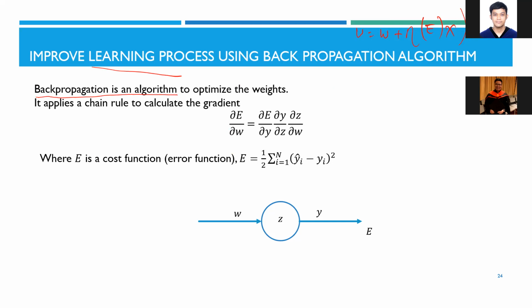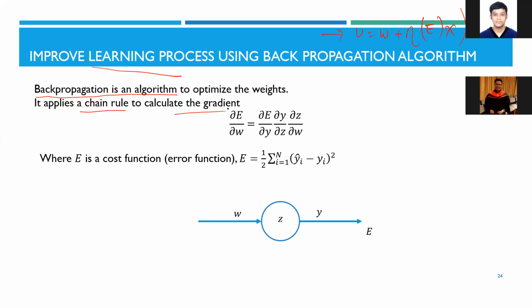It is actually just a numerical approach. Then someone proposed the backpropagation algorithm. Backpropagation tries to improve this backward phase. Instead of using a numerical approach, they use the chain rule to calculate the gradient.